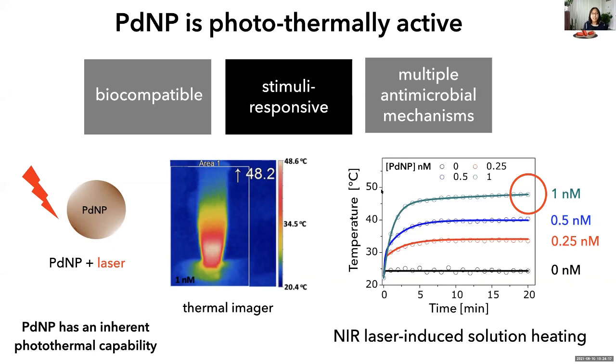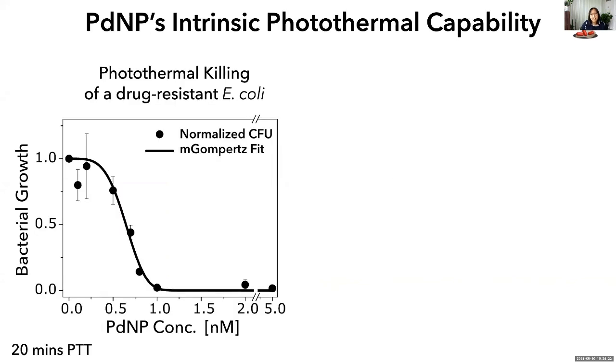And of course, obviously, we tested its laser-induced heating efficiency in killing a drug-resistant E. coli. So here is a plot of bacterial growth as a function of the nanoparticle concentration. What you can see here is that bacteria do die with increasing PDNP concentration.